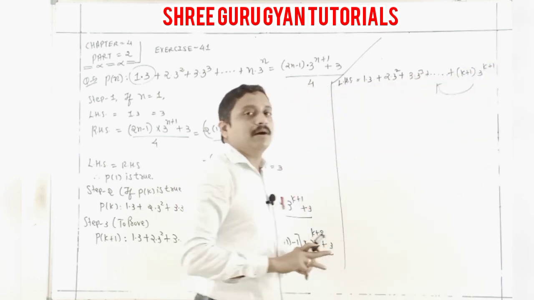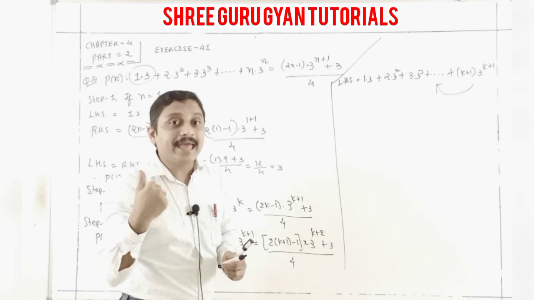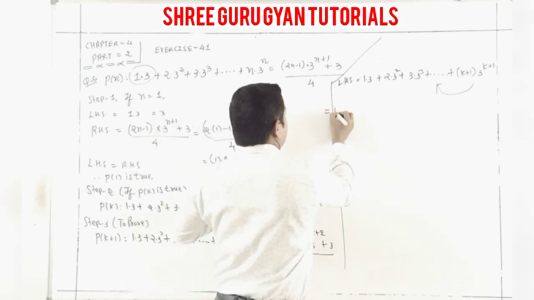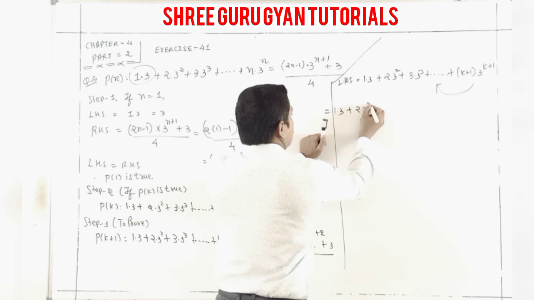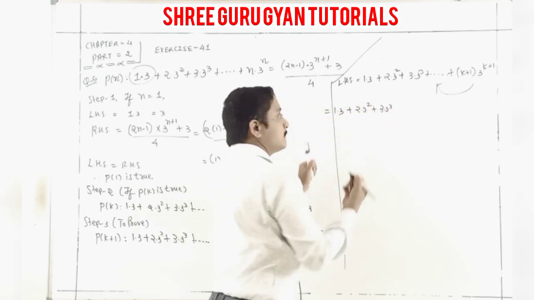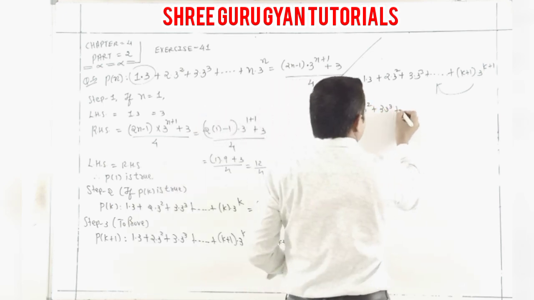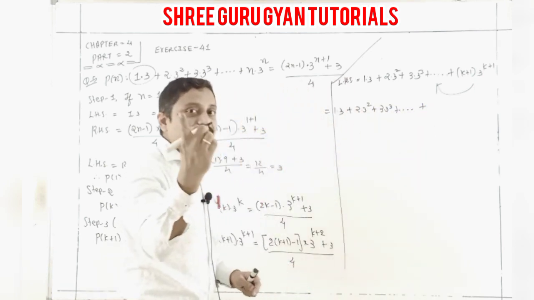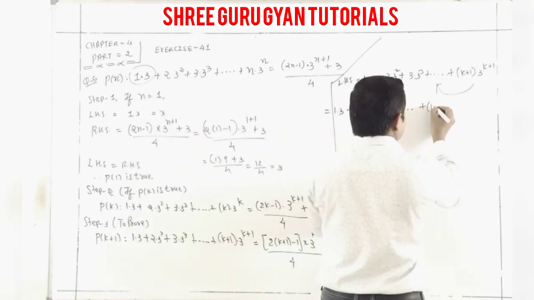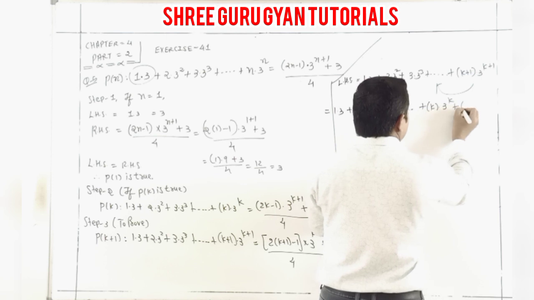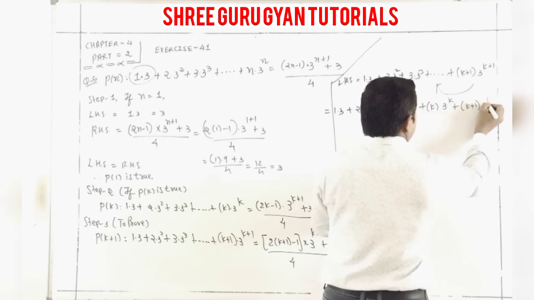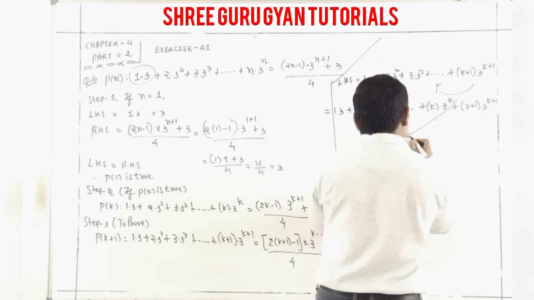And think about the one-back step value. So 1 into 3, 2 into 3 square, 3 into 3 cube, and what is the one-back step? Yes, which is k, 3 raised to k. And now look at this value.